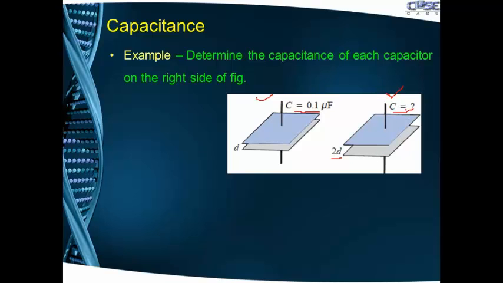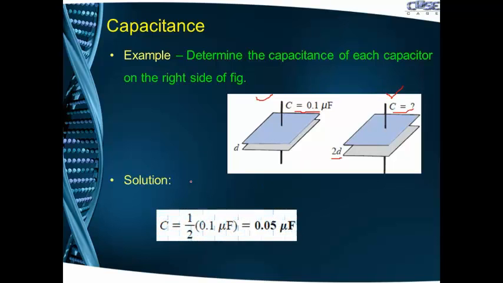This is a similar capacitor with the same area and same dielectric, but the separation is increased by 2. As you know, if separation is increased, the capacitance will decrease. So if separation is increased 2 times, the capacitance will decrease by half. So net capacitance would be 0.05 microfarads.